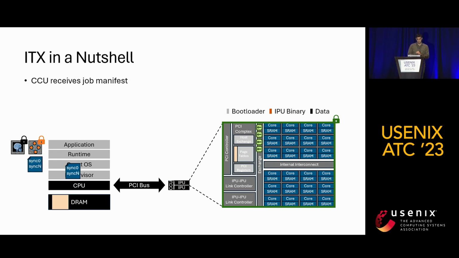First, the runtime asks the CCU to launch the TE, and basically just passes over the job manifest. As I said earlier, the job manifest includes the identifiers of the keys that need to be loaded for each stream, but also includes information about the application binary in the form of a hash. Basically, it says that the hash of the expected binary is, like, SHA-256, right?